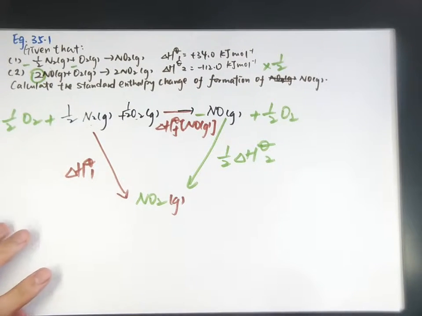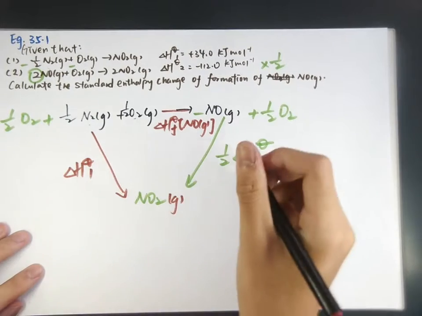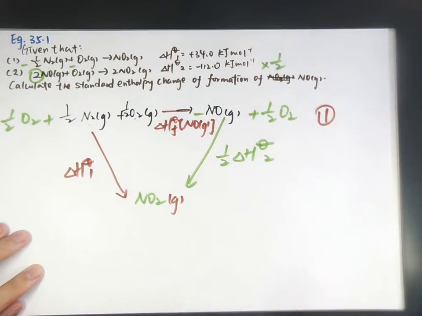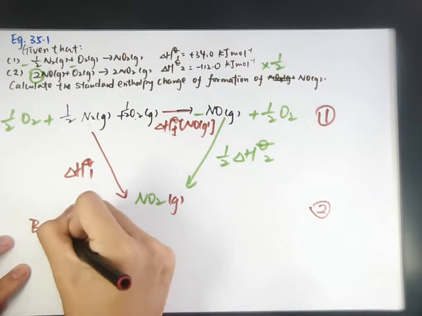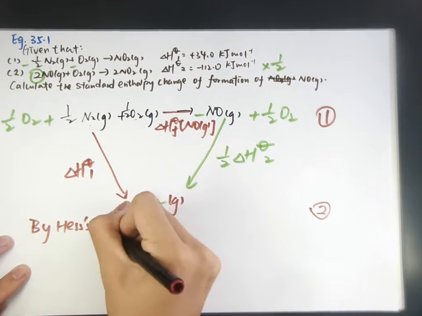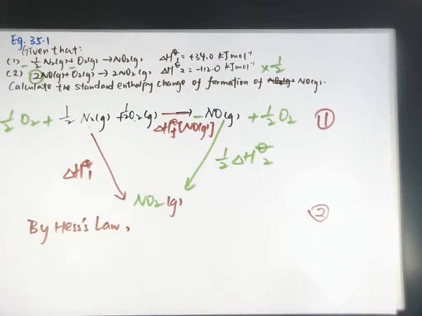So the first step, we draw the enthalpy change cycle. The second step, we write down by Hess's law. And the third step, we calculate it.